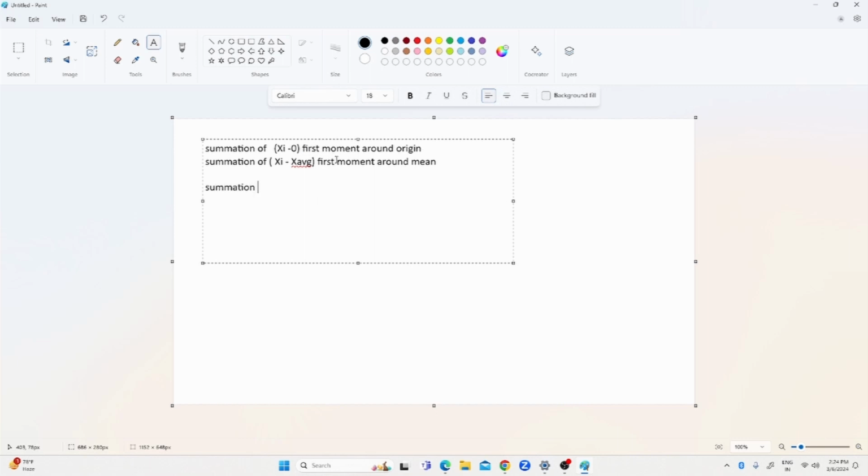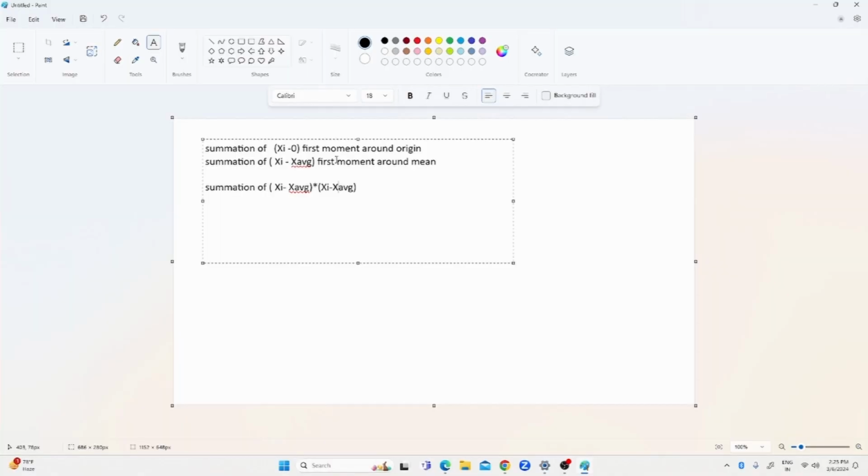When we say summation of xi minus x average times xi minus x average, please understand this is very important, this is actually a square. So this is not the first moment around the mean, this is the second moment around the average.